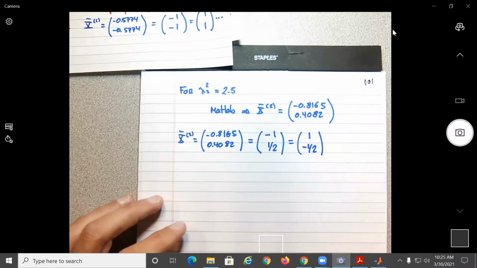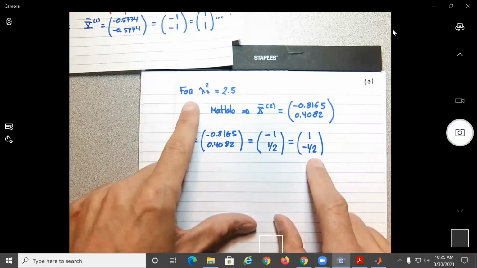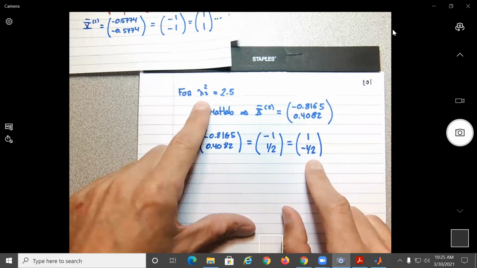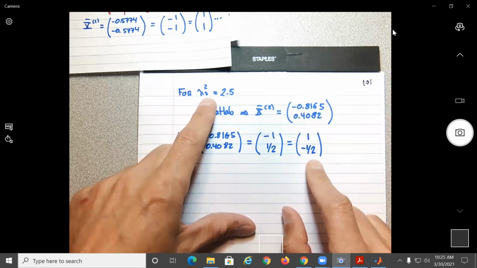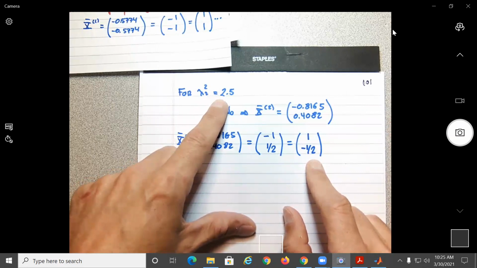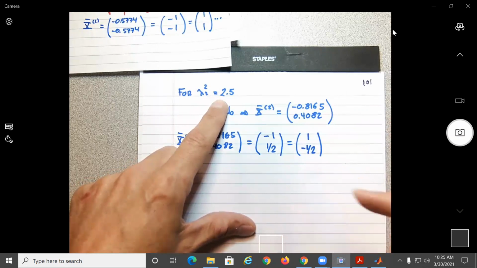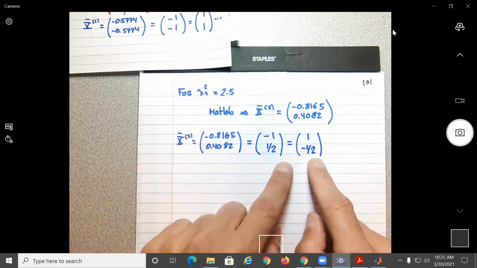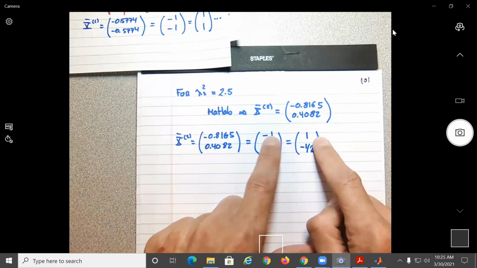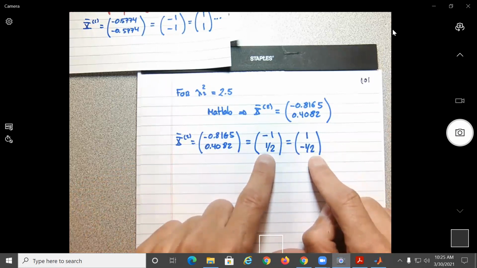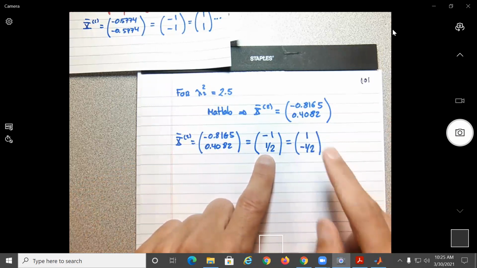Okay? So what is the meaning of this eigenvector? This means at this natural frequency, omega 2 squared equal to 2.5, what should be the mode shape of the behavior? It means that when the first one is moving -1, the other mass will be moving 1/2, no? Or when this one is moving 1, this will be moving -1/2.